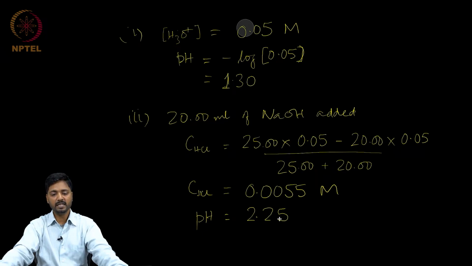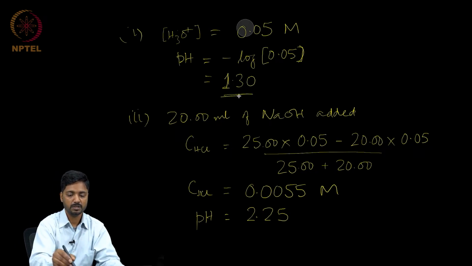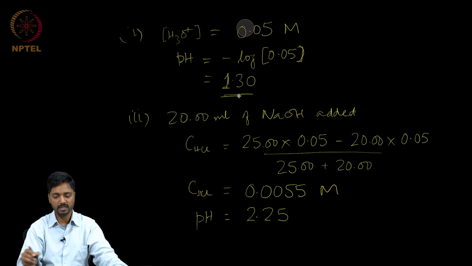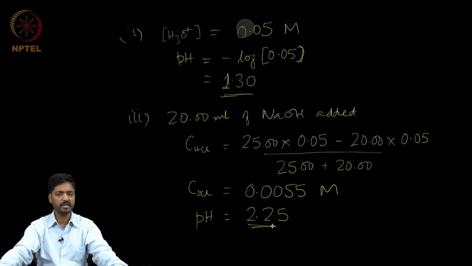Now, we can see that even after adding 20 ml of sodium hydroxide, the pH change is in fact less than 1 pH unit. Now, let us look at what happens at the equivalence point.